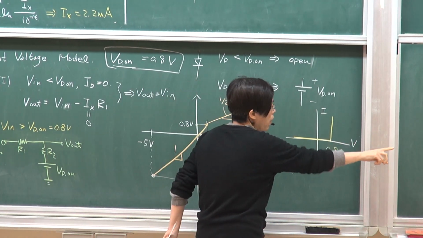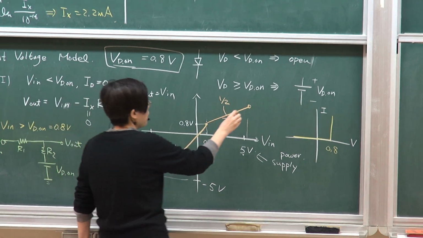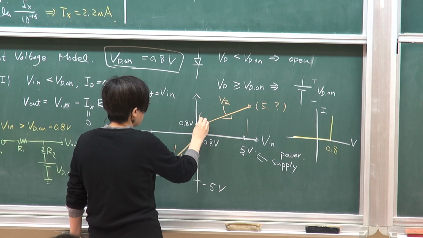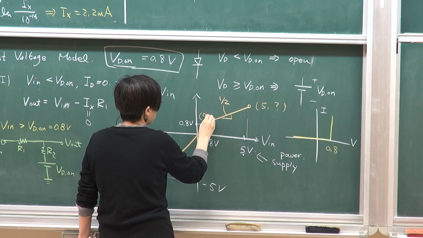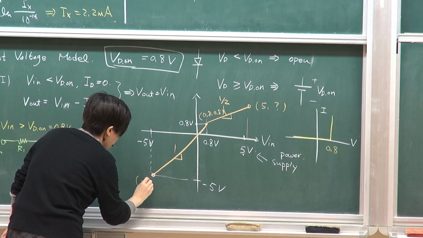Just simply insert 5 and get the boundary. What is it? At this point, this will be 5. And this, we know, is 0.8. And this point is minus 5.